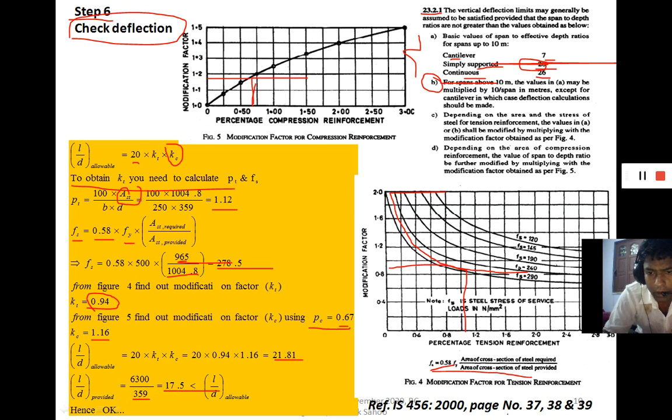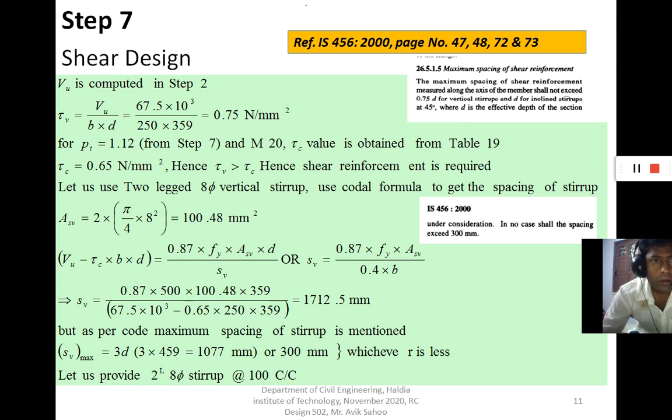The reference is given on page number 37; go to pages 37, 38 and 39, check the clauses and the figures. Now in step 7, after checking the deflection and the minimum and maximum reinforcement, you design the shear forces.